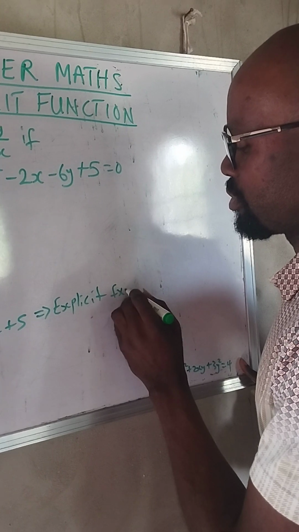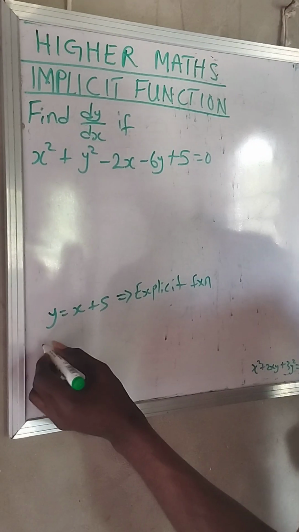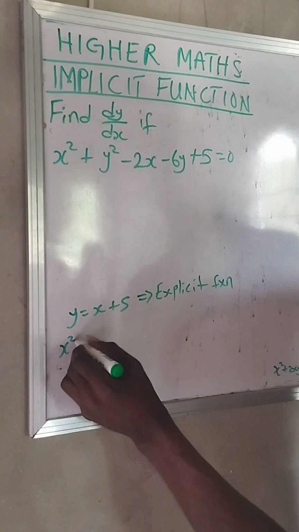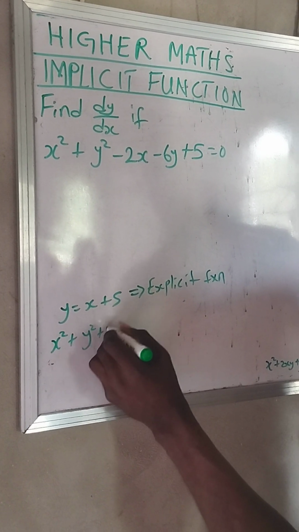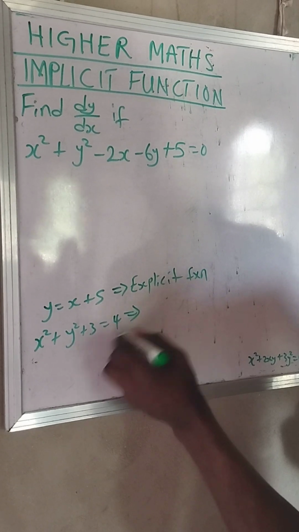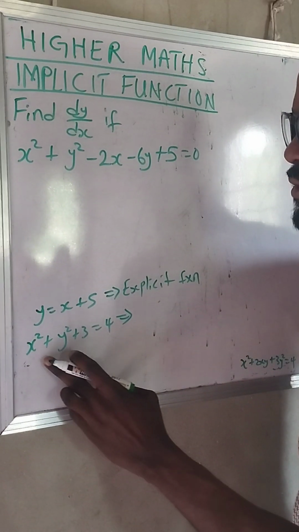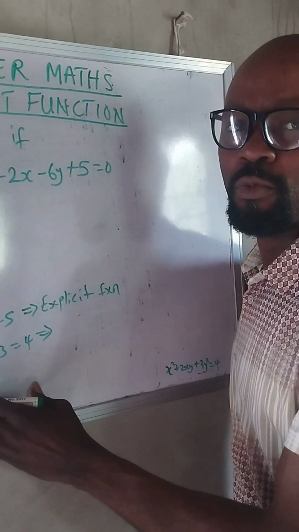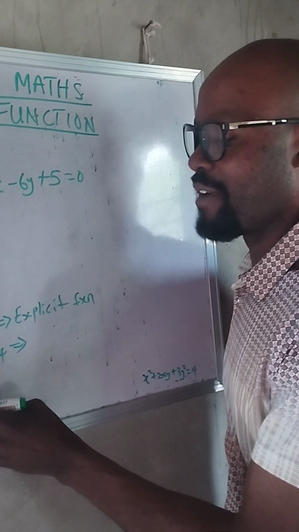Explicit function. Then we have another function. Take for example, x squared plus y squared plus 3 equals 4. Now with this type of function, the value of y does not depend on the value of x.